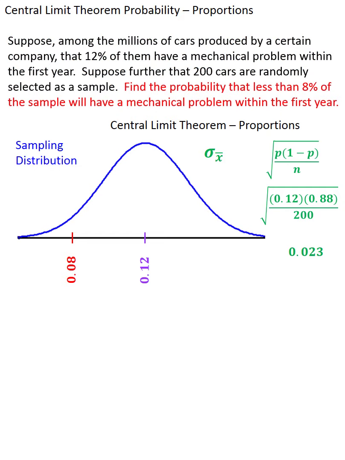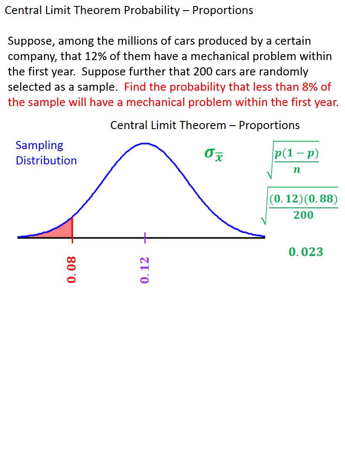So now let's analyze the question shown in red. To ask whether, or the likelihood, that a sample proportion will be less than 8% is the same as asking what is the probability that that sample proportion were to land in this shaded region in my sampling distribution.